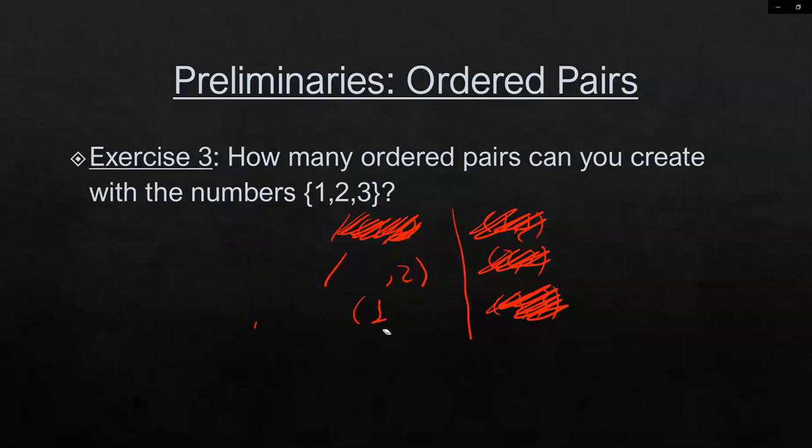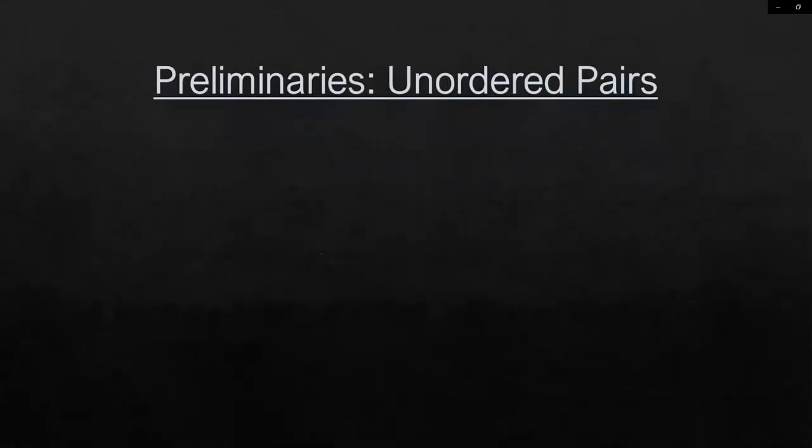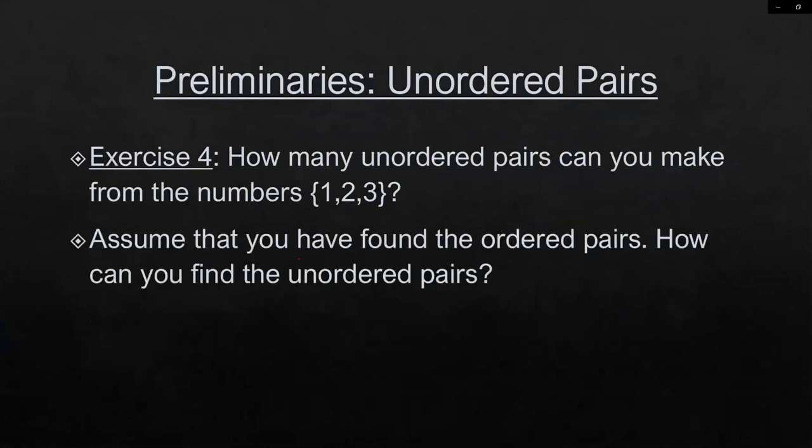So the question that I asked you at the end of last session is: assume that you have found the ordered pairs, how can we find the unordered pairs? Did anybody think about that during last week? Yes, tell me. So basically, you can choose one of the pairs.